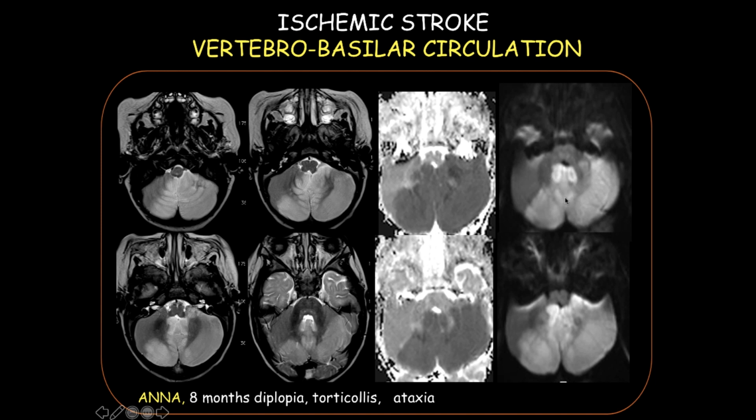In this case, we had an obstruction of the left posterior inferior cerebellar artery. And this girl presented with diplopia, torticollis, and ataxia. These symptoms may explain what we saw on the neurological images.